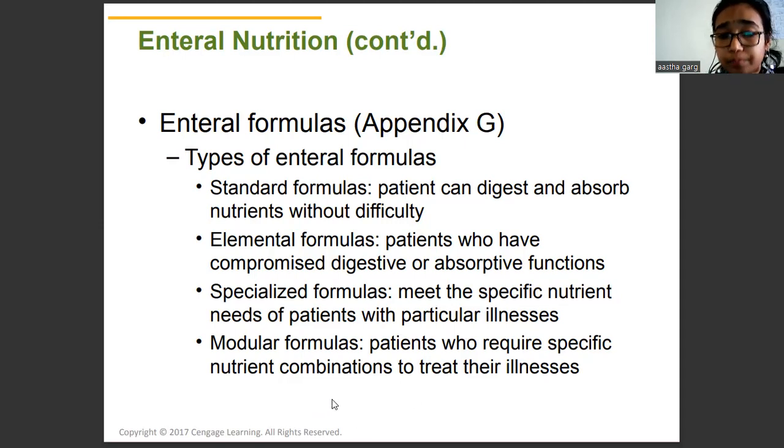Modular formulas are required for patients with specific nutrient combinations to treat the illness. Like they would be needing high protein or they would be needing high sodium. So these formulas are modulated or changed as per the combinations that are needed by the patients.